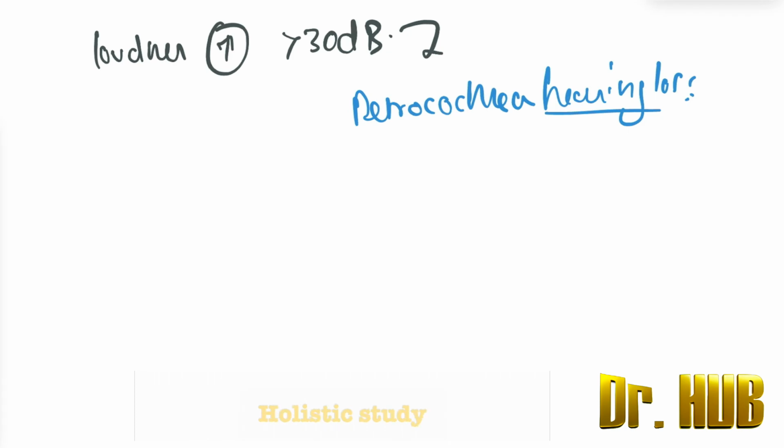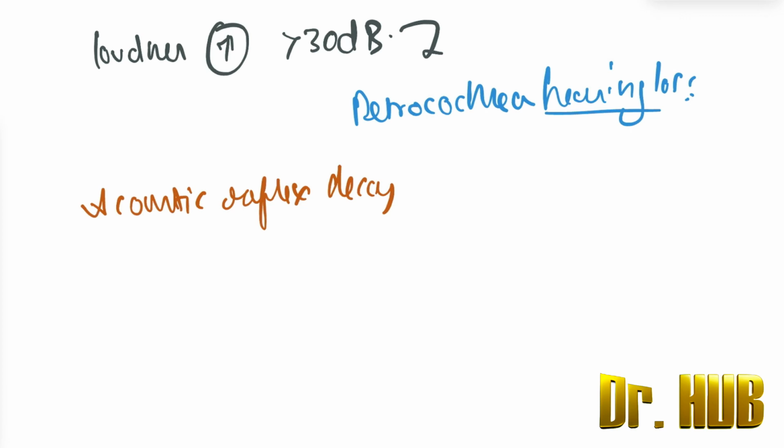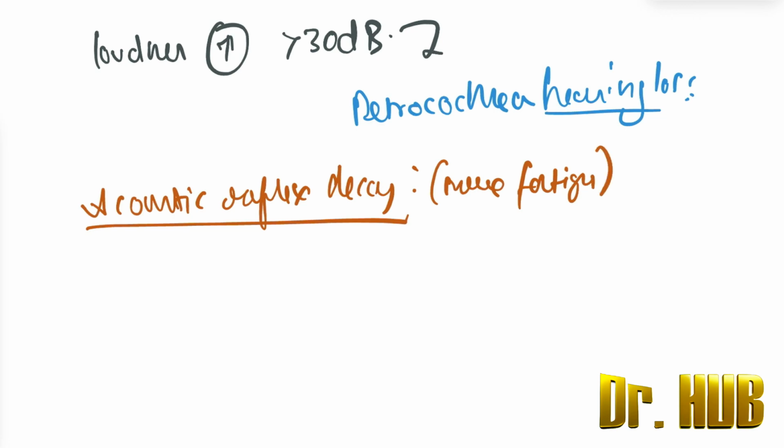Now to continue with our differentiation, next we will look at the acoustic reflex decay. This is under the cochlear hearing loss. This is again the nerve fatigue, and here in cochlear hearing loss it is absent.